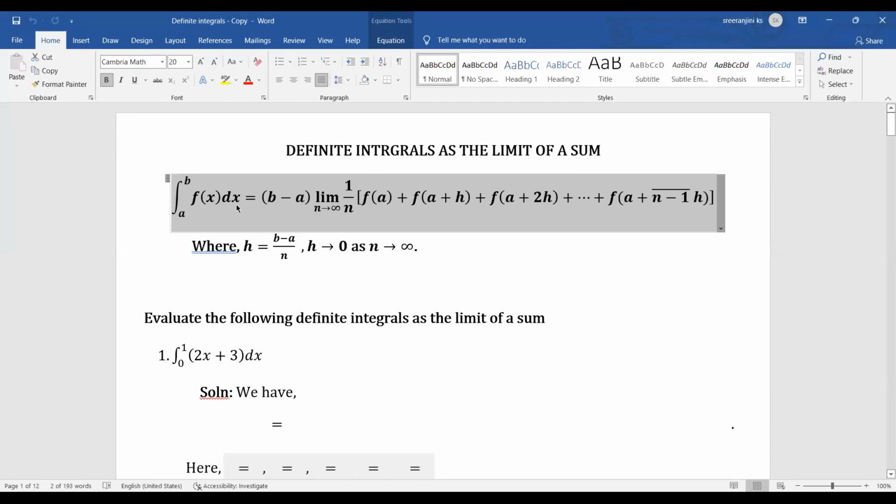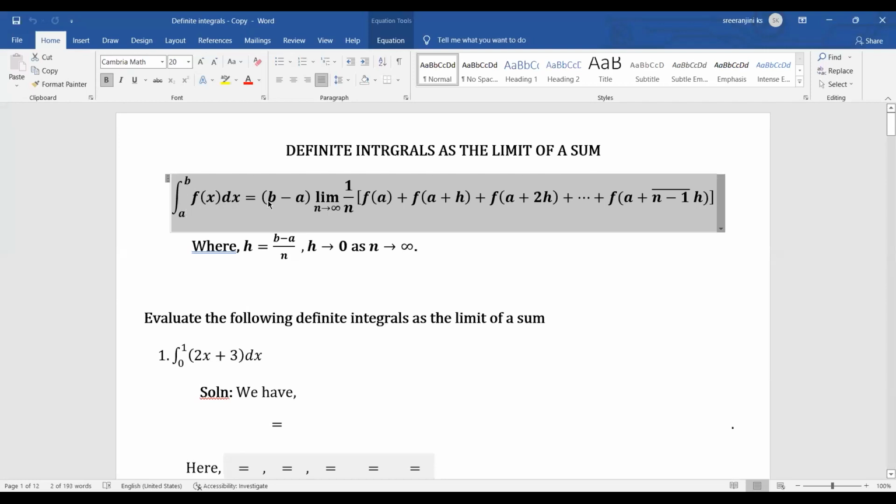In direct integration, we find the integral of f of x, then take its value at the upper bound b, minus its value at the lower bound, x equal to a.